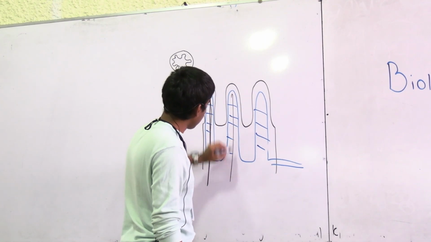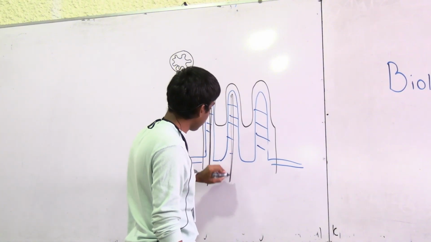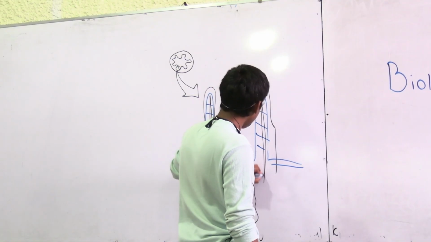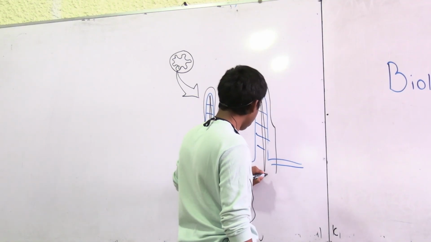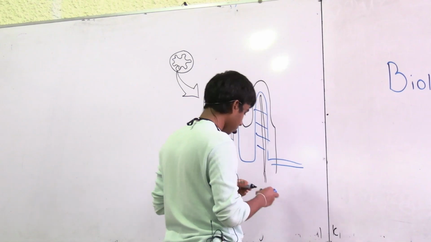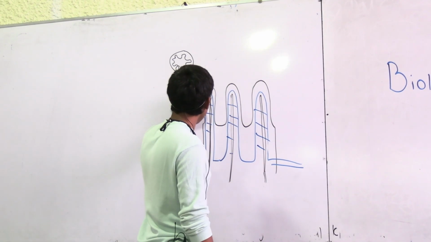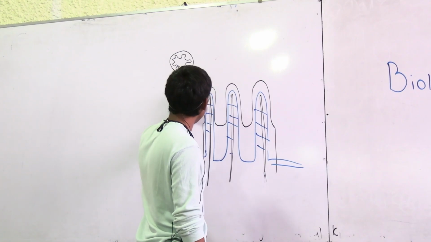Lacteals are also there. Blood vessels are connected to your circulatory system, and lacteals are connected to your lymphatic system. Even on the surface of villi there are the epithelial cells.